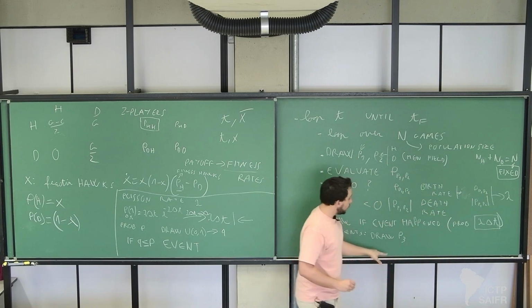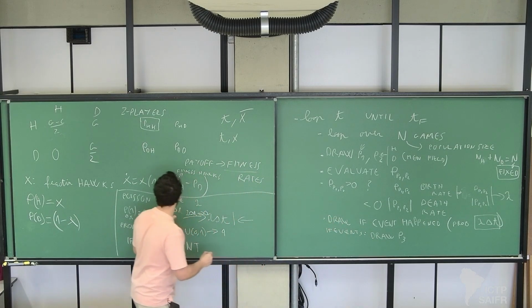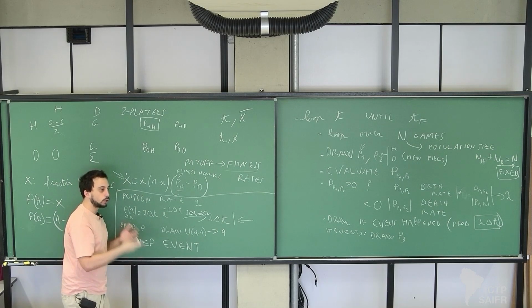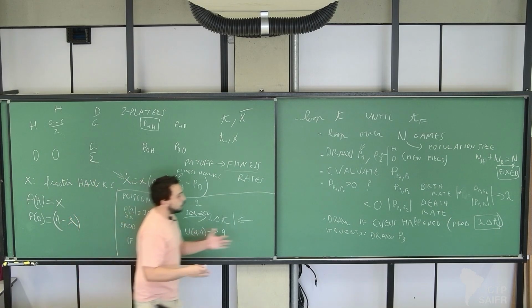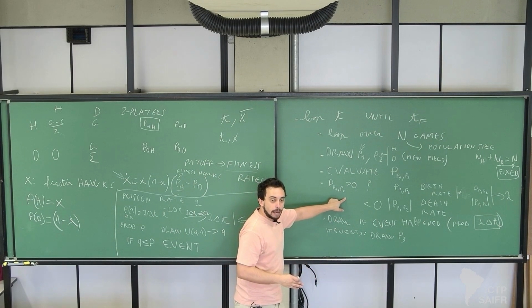We do this precisely so that the stochastic process on average is going to be equal to the replicator equation. You can also do something else, which is you don't draw player 3, and you already take player 2 as the one that is replaced or replaces.